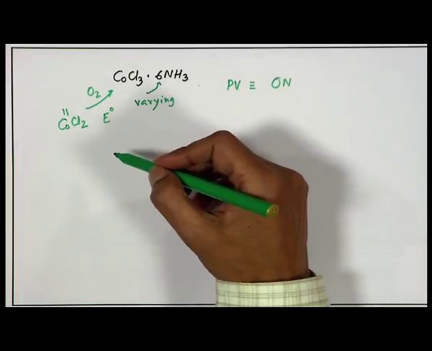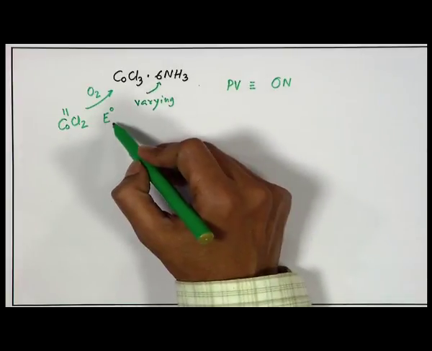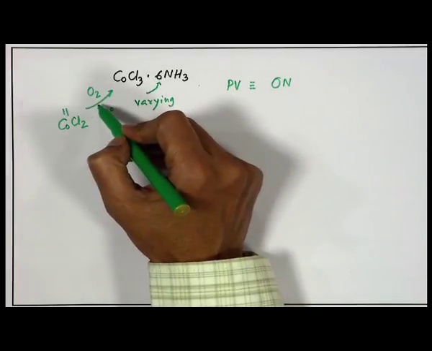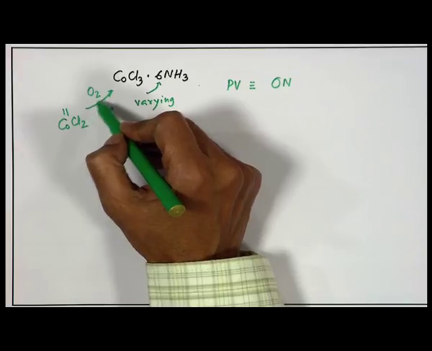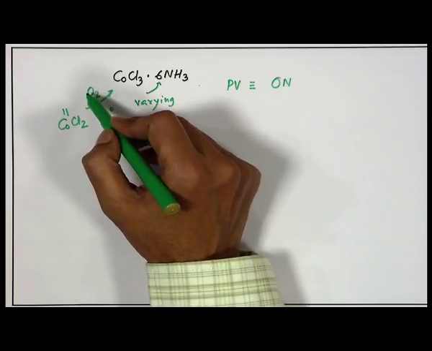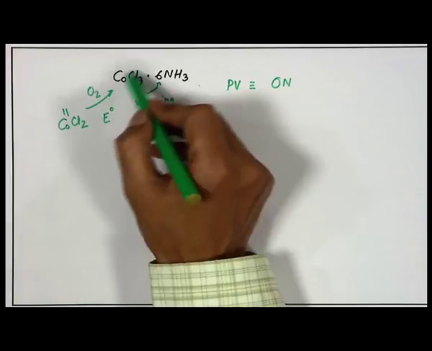When the water molecules are replaced by ammonia, the E0 is less, and this is achievable by the simple oxidation by the dioxygen molecule present in air. So, this is getting oxidized.